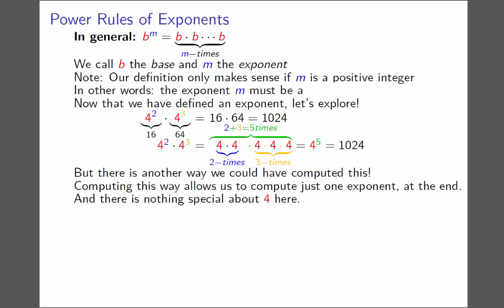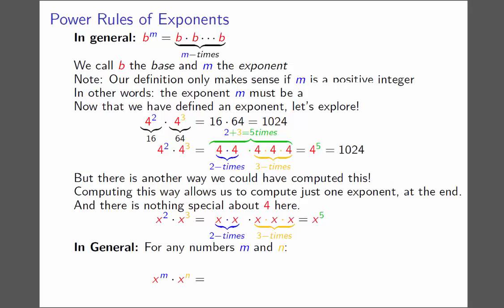And there's nothing special about 4 here. If we had x to the second power times x to the third power, we could break it up as x times x, which is x squared, times x times x times x, which is x to the third power, and in total have x multiplied by itself 5 times to get x to the fifth power.